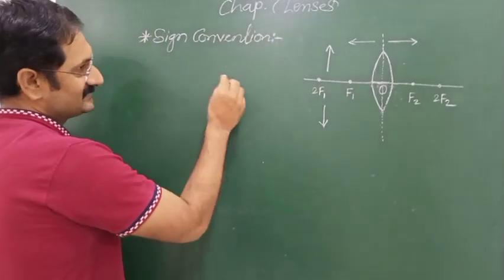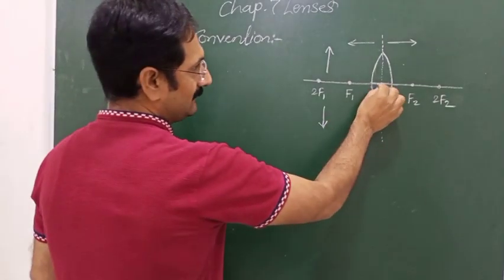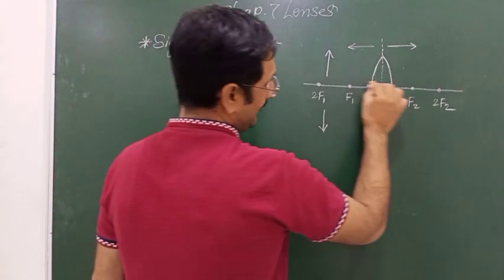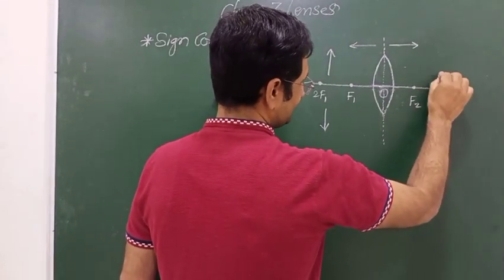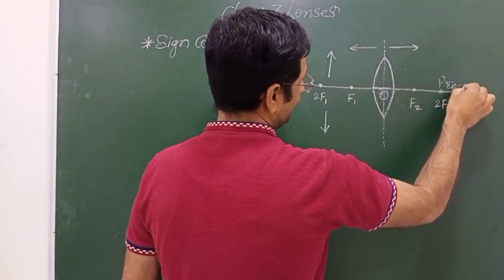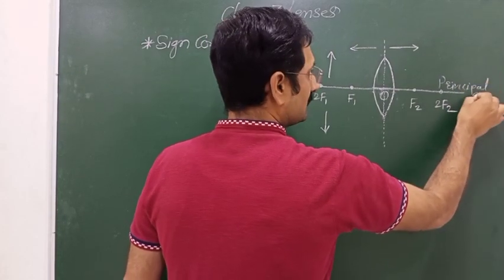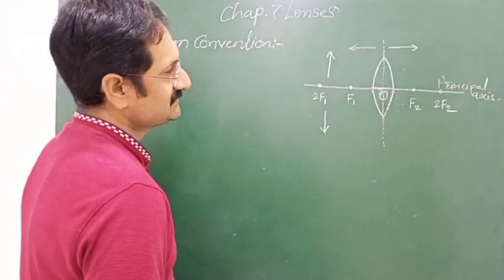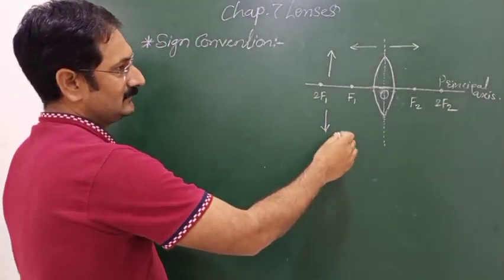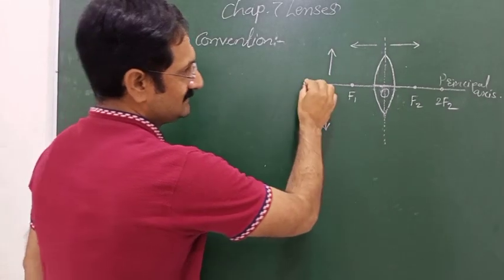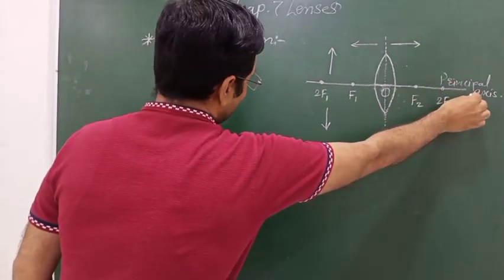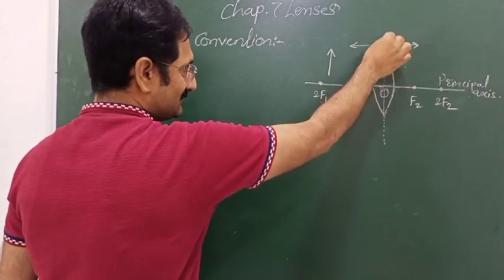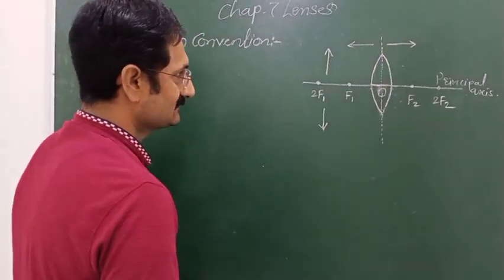According to the new Cartesian sign convention, the optical center O is taken as the origin and the principal axis is taken as the x-axis. This is the principal axis, which is taken as the x-axis, and this axis is the y-axis.